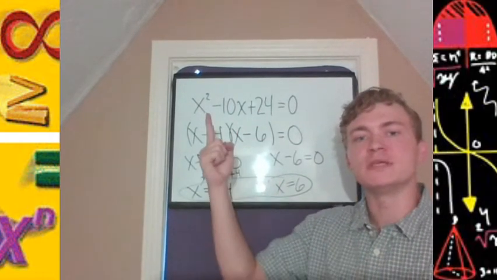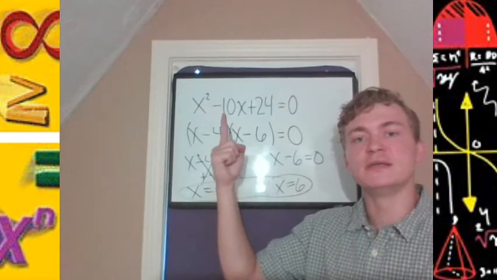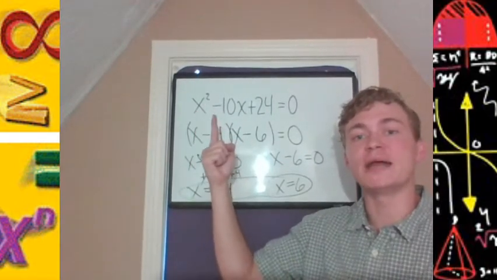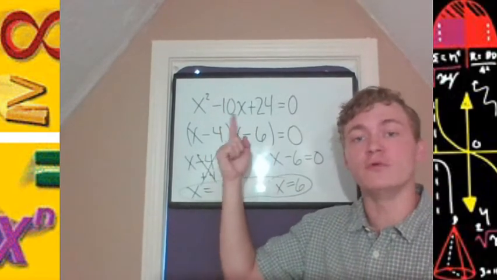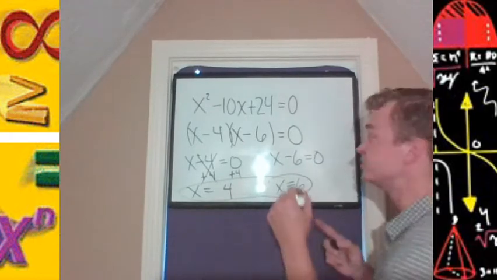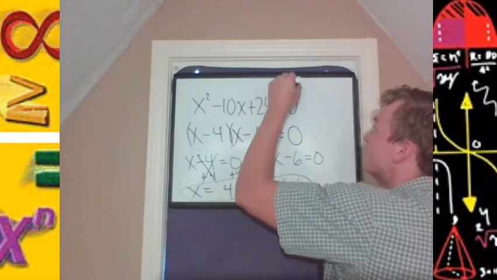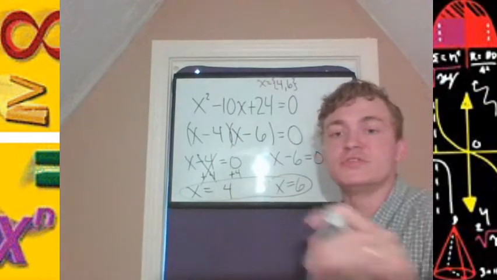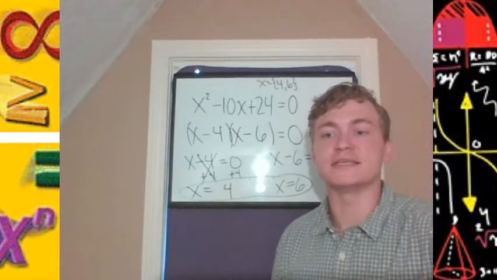What about 6? 6 squared is 36. 10 times 6 is 60. 36 minus 60 is negative 24 plus 24 is 0. We've confirmed our two solutions here. Our solutions are 4 and 6.